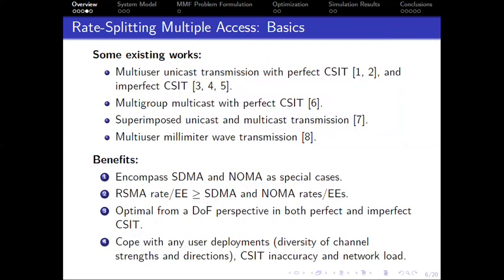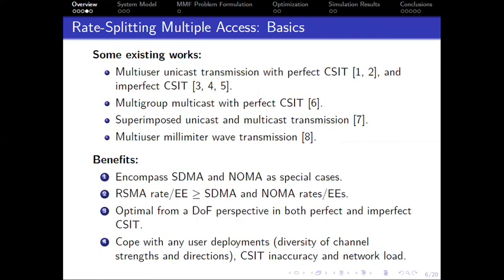Here are some existing works of rate-splitting based on a wide range of multi-antenna setups. The framework of RSMA enables it to contain space division multiple access and non-orthogonal multiple access as special cases. Benefits of both strategies are combined, for example, in the perspective of spectral efficiency, energy efficiency, and degree of freedom.